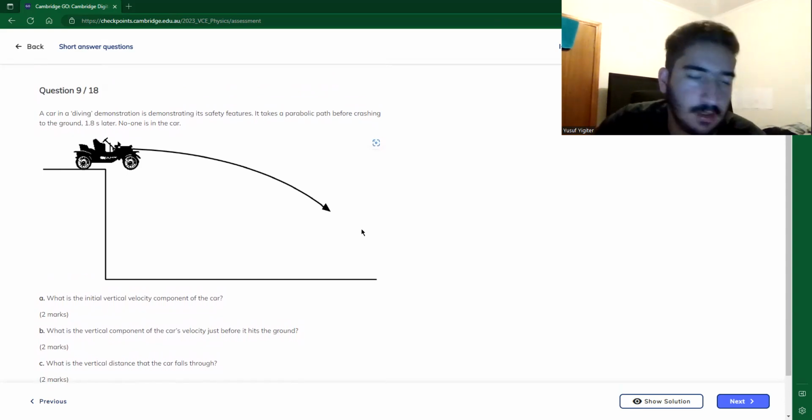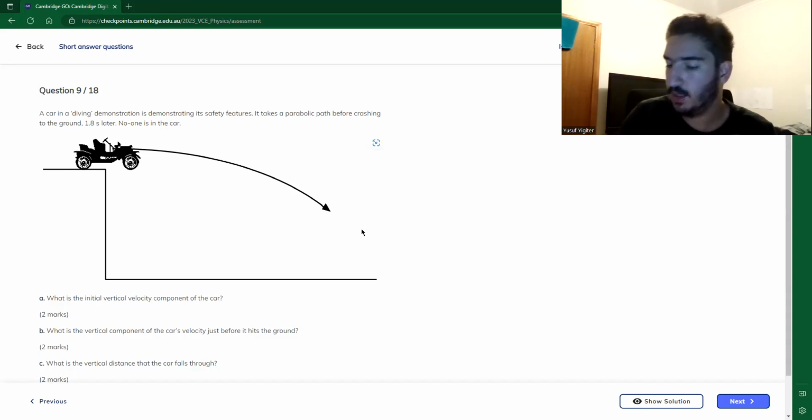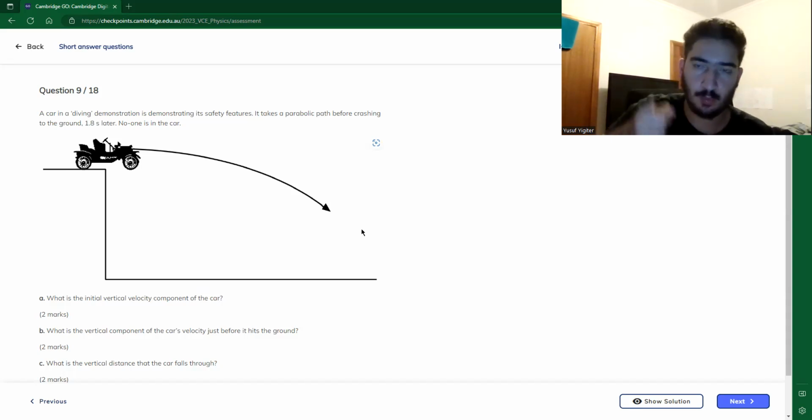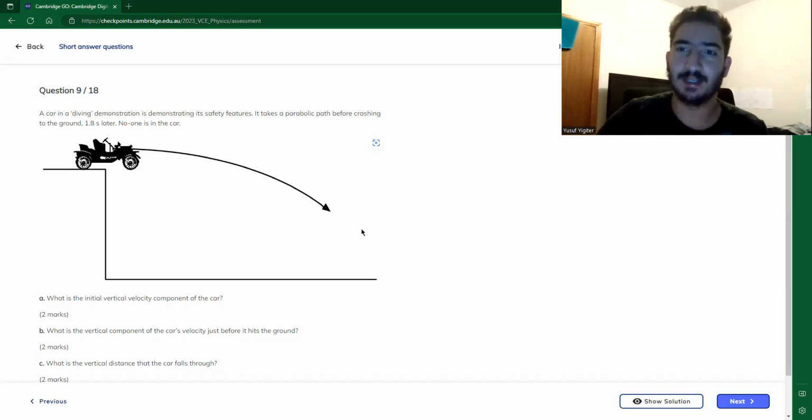Okay, what are we given? We are given time. Initial vertical velocity, zero. Time, 1.8. And it's vertical, right? What's the acceleration in a vertical component? Gravity, yes. Acceleration due to gravity.